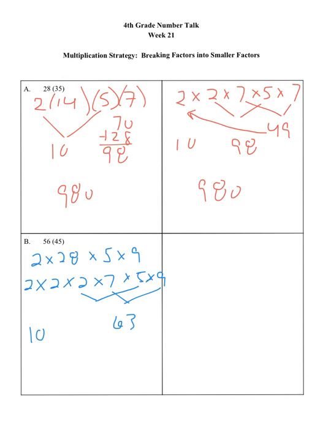So we still have to double it twice. 63 doubled is 126. 126 doubled is 252. So we know 252 tens is 2,520. To me, that's the most efficient way to use breaking factors into smaller factors with those numbers.